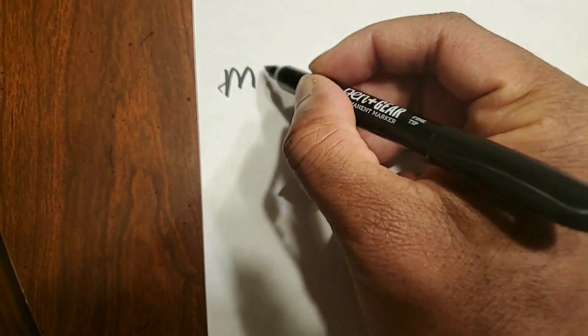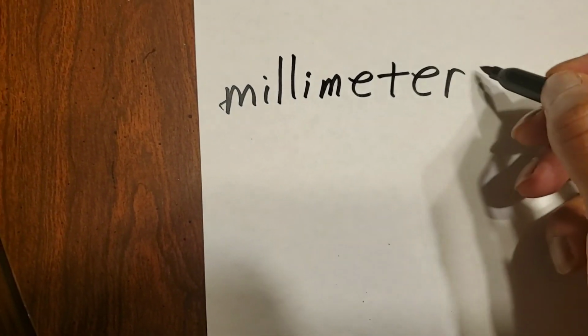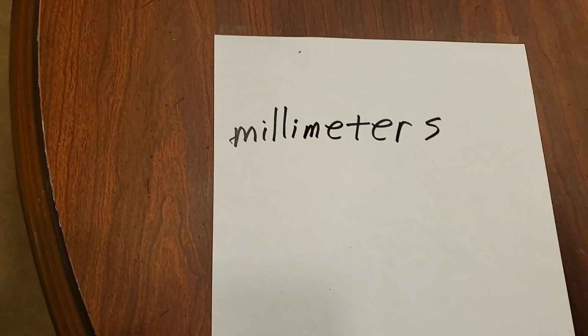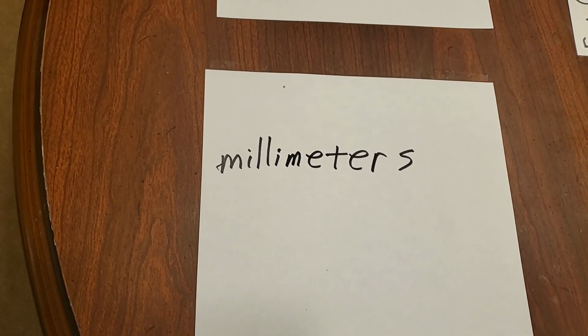Let me see. Can anybody think of any others? Who remembers millimeters? We can measure objects in millimeters. What else can you think of that's related to millimeters? What's a little bit bigger than a millimeter?